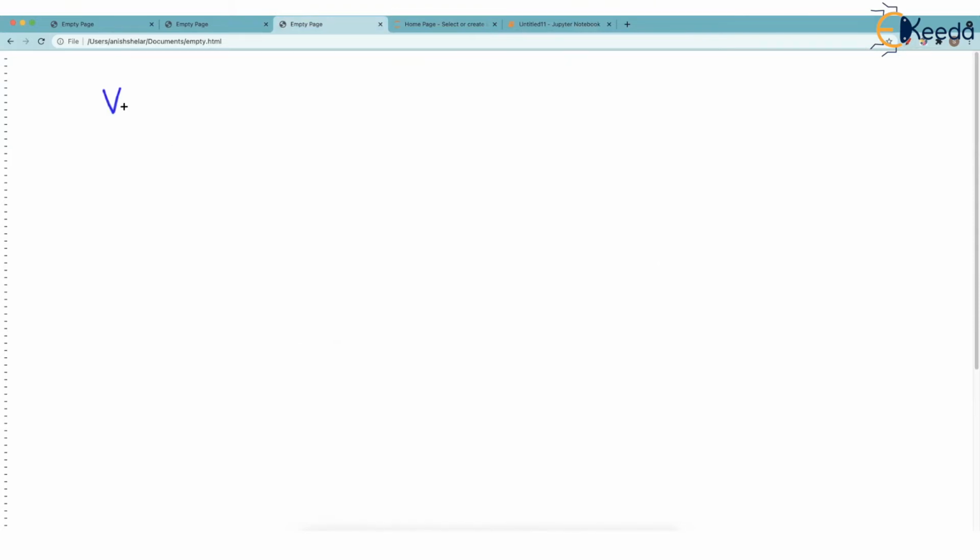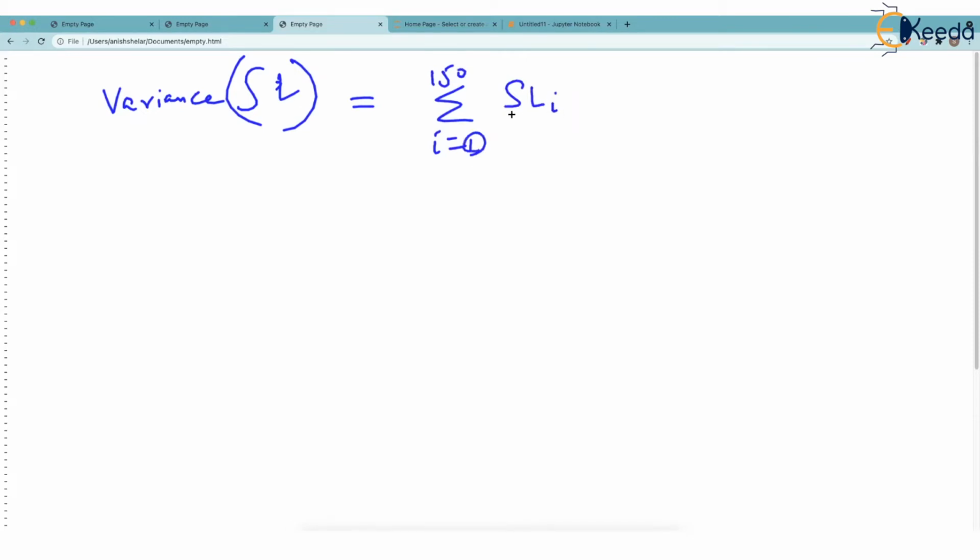I'll write it here. Variance of the SL column is the summation of i equal to 1 to 150, because there are 150 rows, of SLi minus mean, the whole square. So i is 1, so SL1, next SL2, next SL3, last SL150, minus mean the whole square, the whole thing divided by 150.